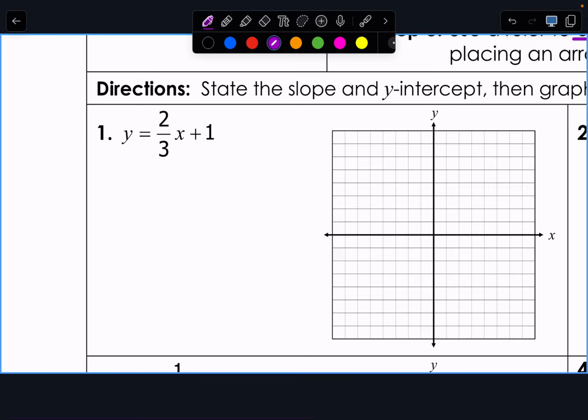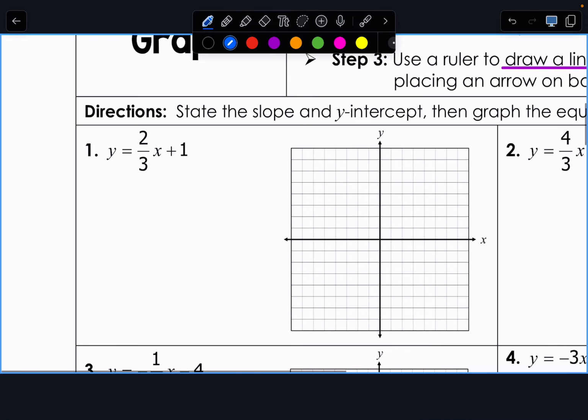All right. So if y equals mx plus b, let's talk about which number is m and which number is b. Okay. M, our slope, is always going to be the coefficient of x. What number is that? What's the coefficient of x?